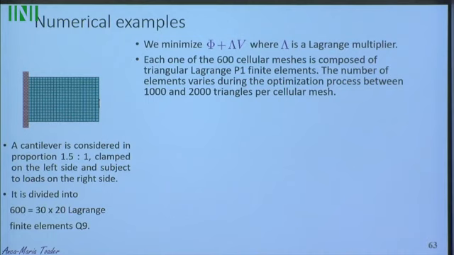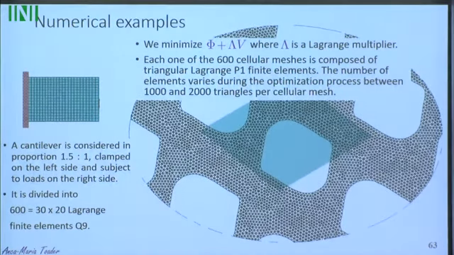Here we have a cantilever with proportion 1.5 to 1, clamped on the left side and subject to loads on the right side, and we minimize compliance plus the constraint on the volume. Here we have the type of the mesh.